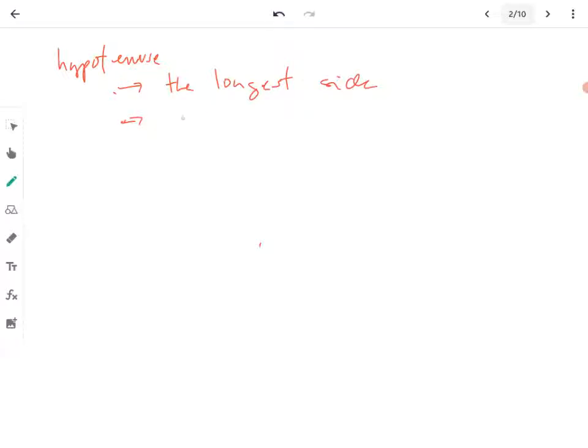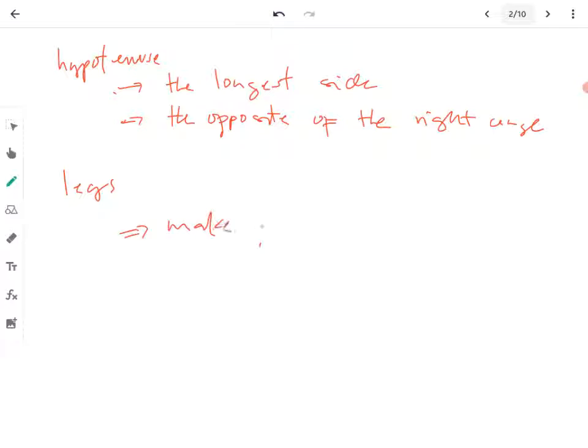To locate it, it's the opposite of the right angle. Then we have also the legs. These are the sides that make up the right angle. So there are two legs.